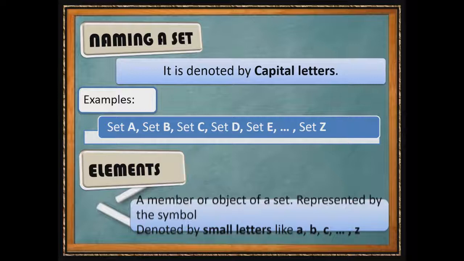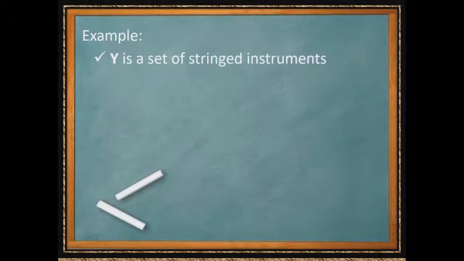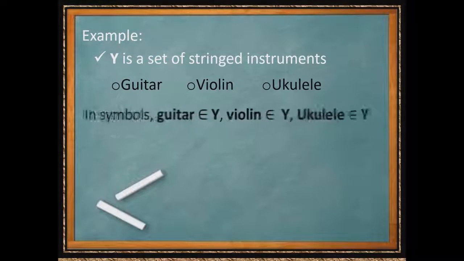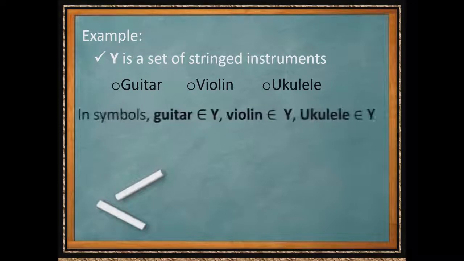Elements are the members or objects of the set, and it is represented by this symbol. For example, Y is a set of stringed instruments. Those stringed instruments, we have guitar, violin, and ukulele. So we say guitar is an element of set Y, violin is an element of set Y, and ukulele is an element of set Y.